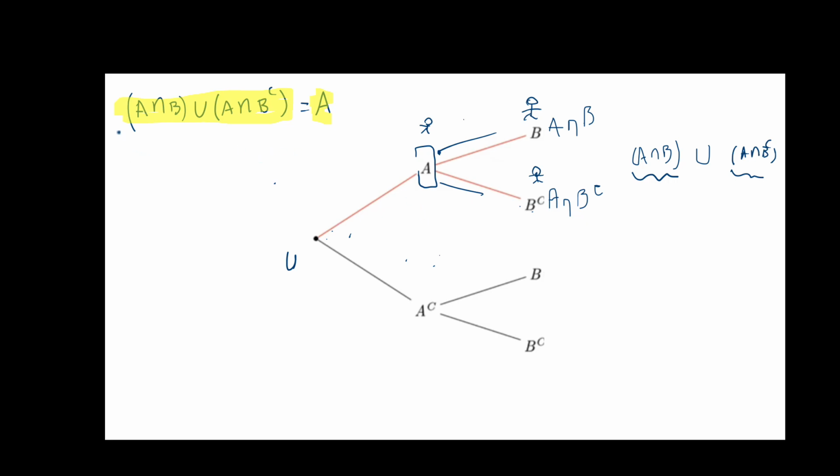So this is a proof that this formula here holds. If I'm taking this way or this way, if I get both ways, at the end of the day, I'm sitting in set A. And the formula for the number of elements also holds.